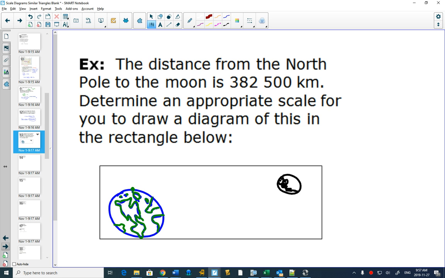Here's Australia, a little bit of Asia showing. There we go. There's our planet.